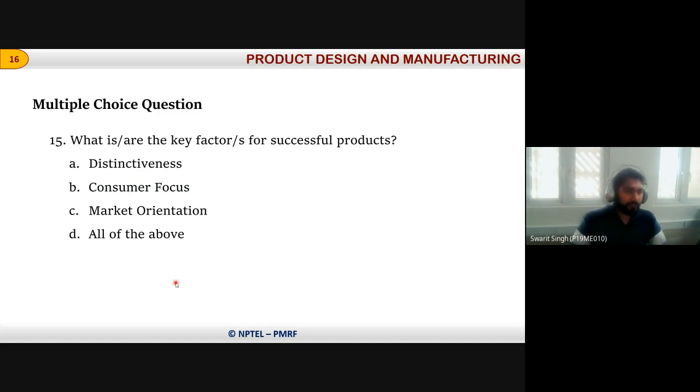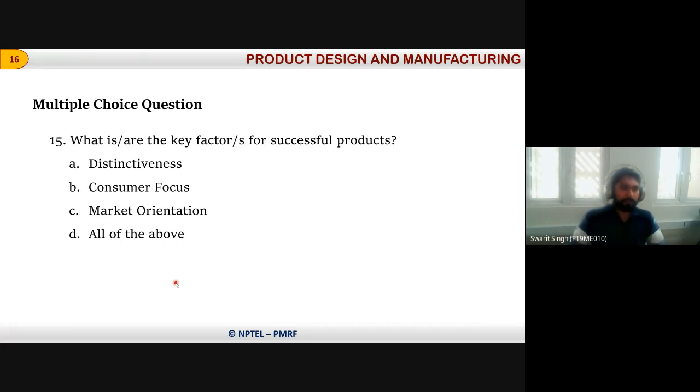Question number 15 is now on the screen. It says, what are the key factors for successful products? If you want to deliver a successful product, what are the key requirements? The product should be distinctive in nature, the product should focus on its consumer, the product should be market oriented, or all of the above.